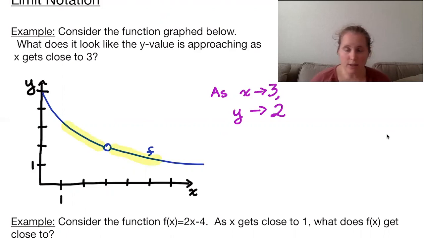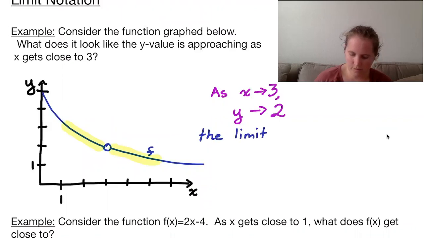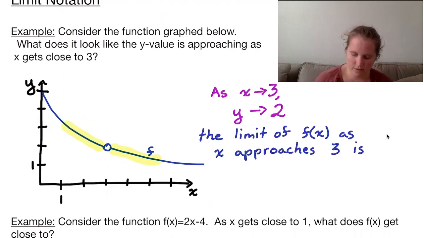So our limit notation, we call this, we say that this is the limit of f of x as x approaches 3 is 2.